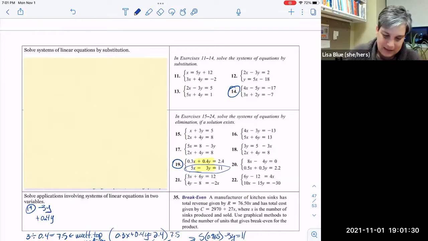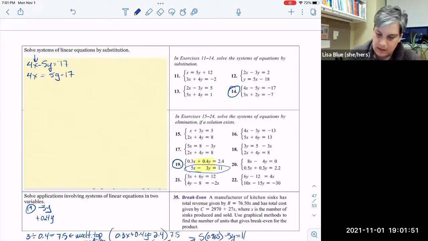All right, let's just take the first equation, 4x minus 5y equals negative 17. And let's solve for x so that we can plug that into the other equation and see what we get. If we isolate 4x by adding 5y to both sides, we get 5y minus 17.